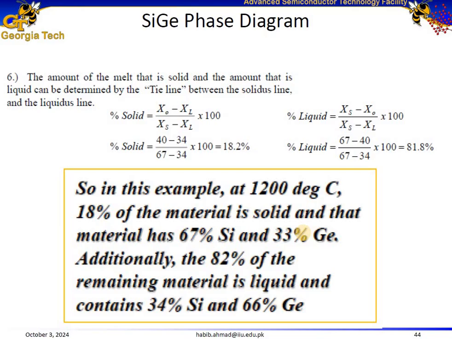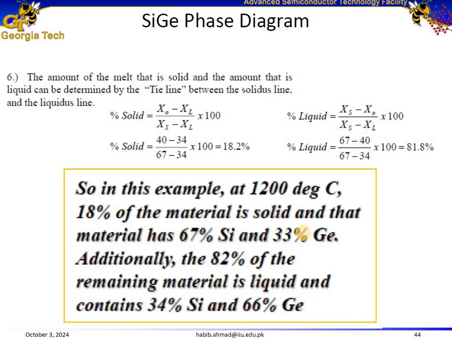Silicon germanium has various applications. We can use it in high-speed transistors because silicon germanium transistors offer faster switching speeds as compared to traditional silicon-based transistors, making them ideal for analog, radio frequency, and digital applications. And secondly, integration in CMOS technology.